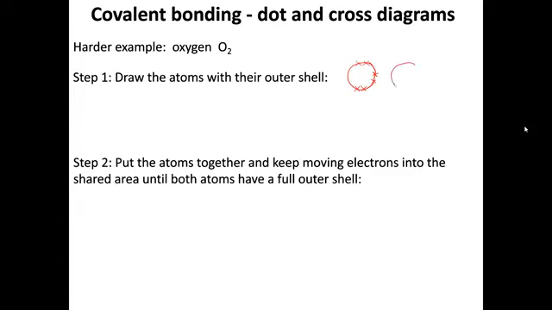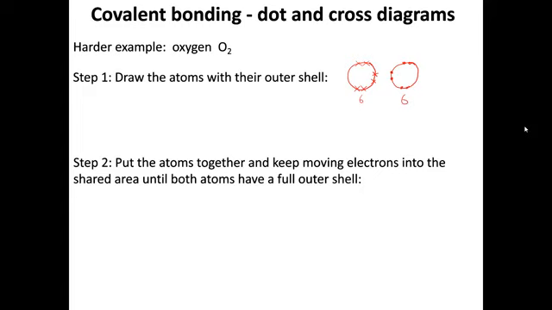And I'm going to draw one there with 1, 2, 3, 4, 5, 6. So now you can see that's only got 6 electrons in its outer shell, and it needs 8. So it needs to gain 2. So however many electrons it needs to gain, that's how many it needs to donate to the covalent bond.